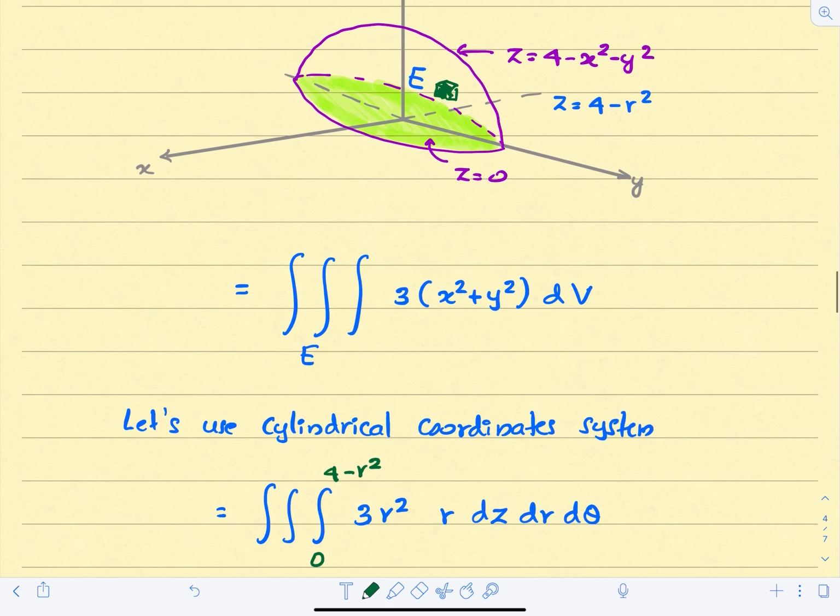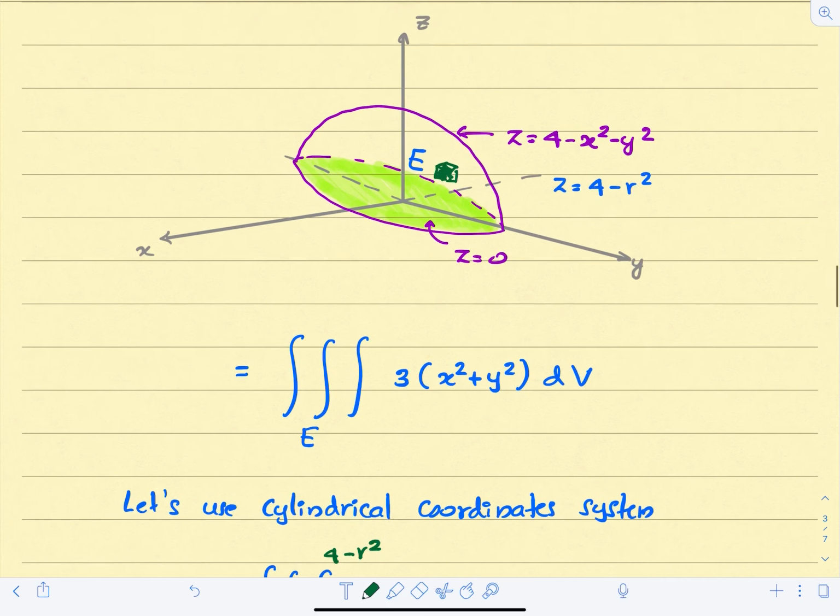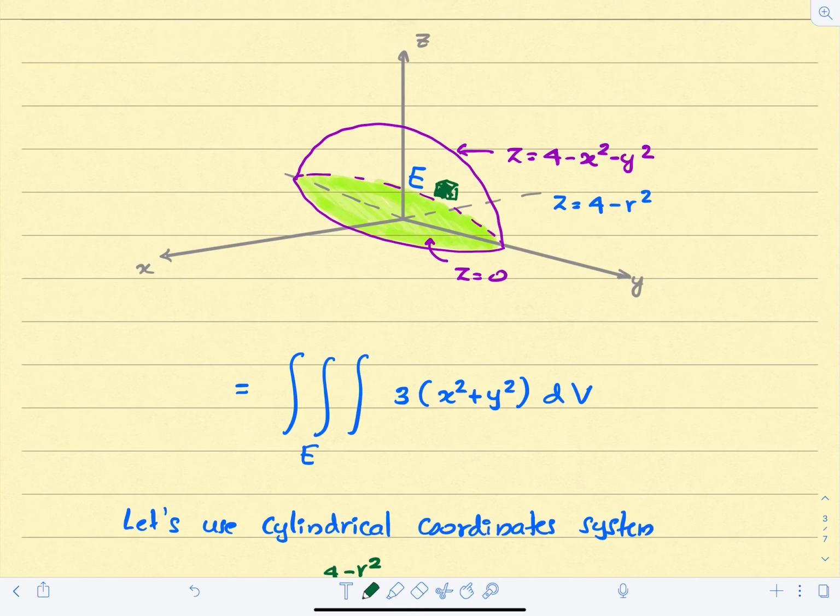we need to consider the projection of this paraboloid on the xy plane. Now on the xy plane, if you look from the top, you will see a circle with radius 2. And the reason is this: when this paraboloid intersects with the xy plane, your z coordinate becomes 0.